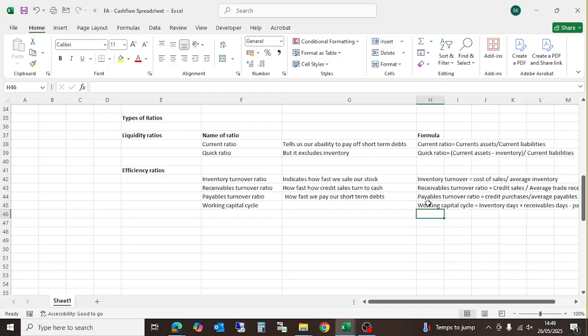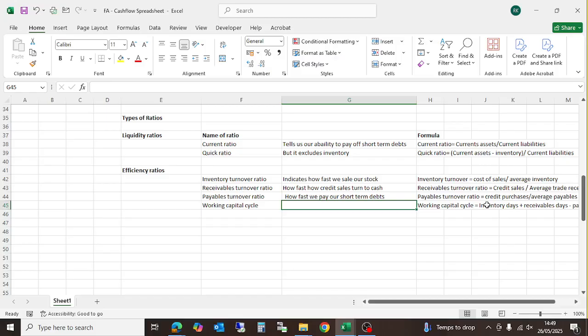It is basically the working capital formula, which is assets minus liabilities, but in the form of days: the total asset days and the total liability days. So we are trying to find out the total number of days we have extra after we've paid all our short-term debts, because we are comparing our asset days, that's inventory days plus receivables days, and then we remove the payables days. So those are the efficiency ratios.